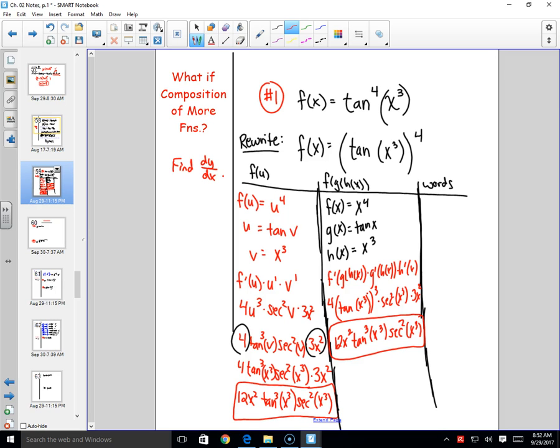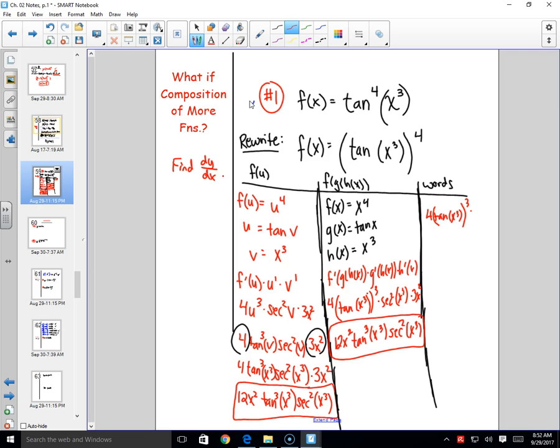Okay, how do I take the derivative of block to the fourth? Derivative of the outer, bring down the 4, make it a 3, keep the inner the same. Bring down the 4, make it a 3, keep everything else the same. Now, I peel the fourth off, the matryoshka, I take that outer shell off.